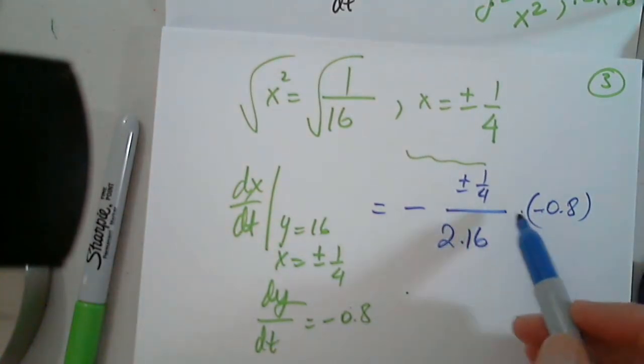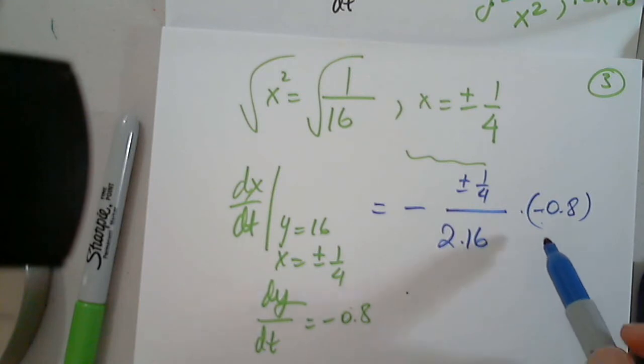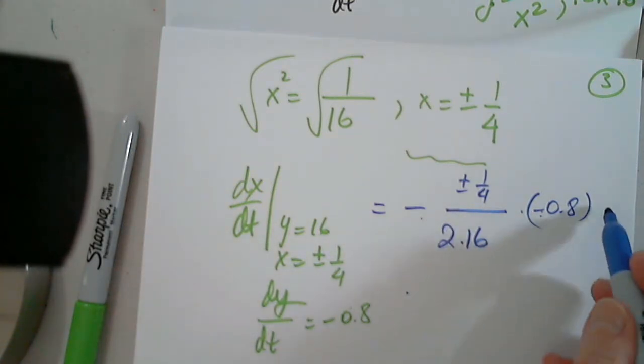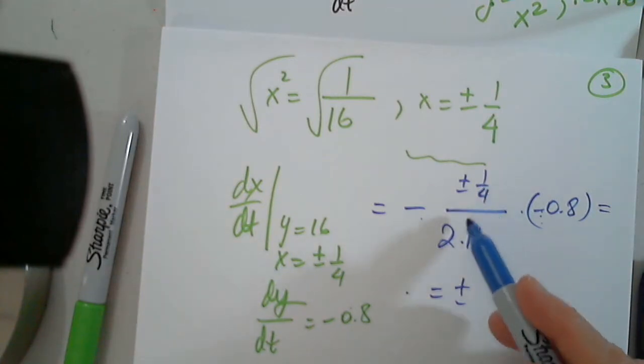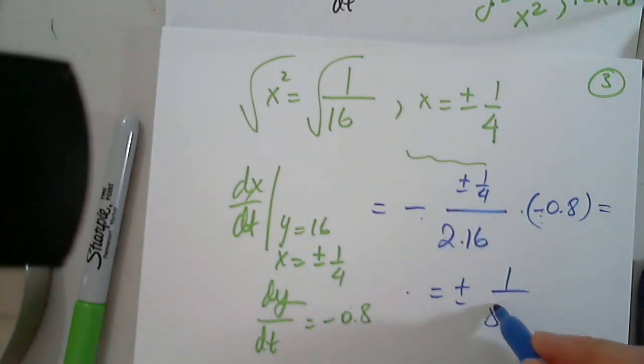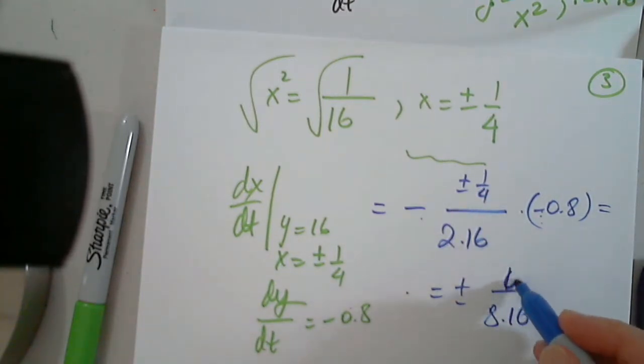So this will make positive, the negative with a negative. So then from here I have plus or minus 1 over 8 times 16, and the top is 0.8.